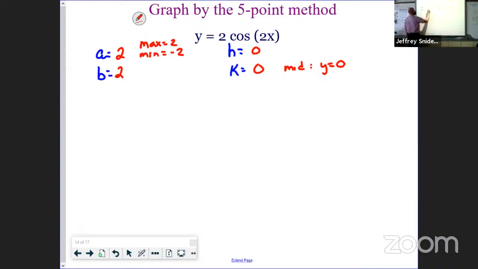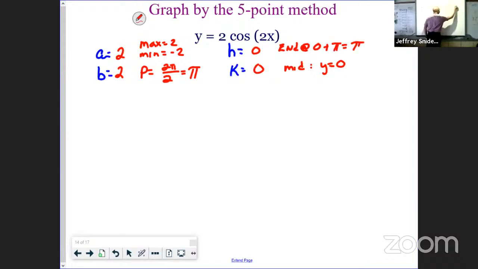My min equals -2. 2 above the midline, 2 below the midline. Also, I can find the period. The period is going to be 2 pi over 2, which is pi. And the last thing I can do is, I know it's going to start here. It's going to end at 0 plus pi, which is pi.